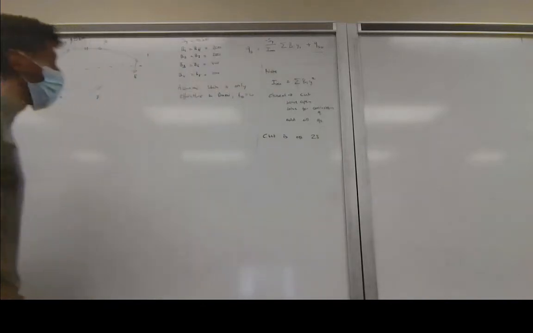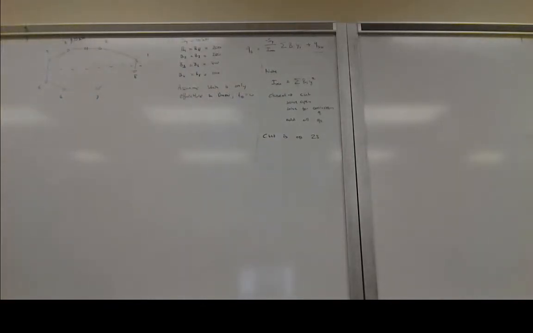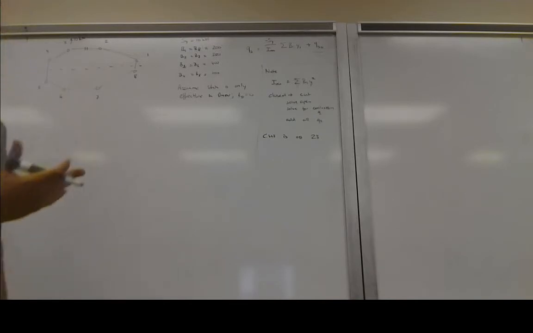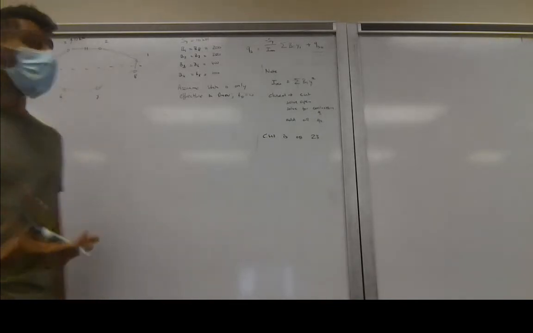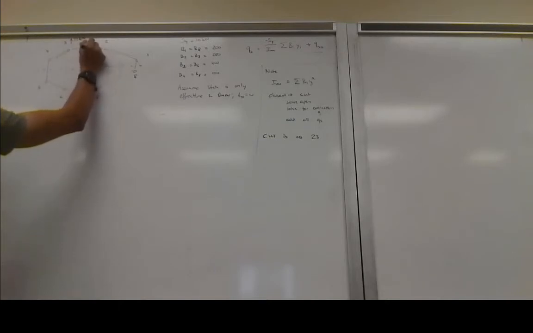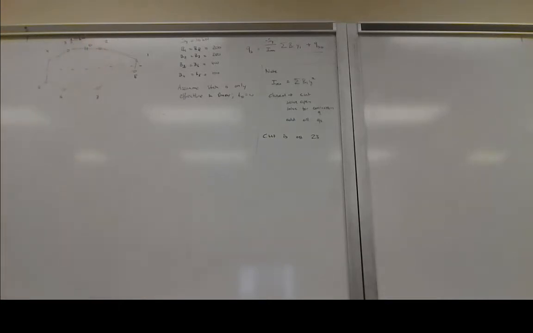So what does this mean? We know from our shear flow equation with boom theory that the shear flow only changes when we pass a boom. We know that because we made a cut here, the shear flow at this location will be 0. So the whole shear flow in section 2, 3 is 0, because we don't pass a boom, so it does not change.